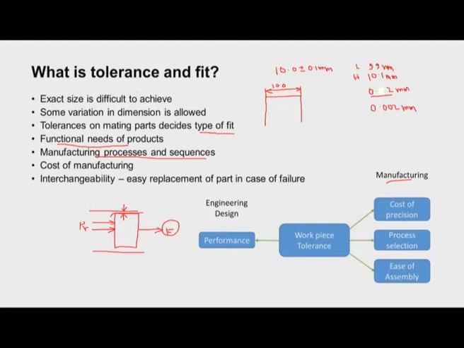And then if we provide the proper tolerance on the workpieces, we can have the interchangeability concept, and the replacement of the part becomes very easy, since the workpieces are available in the market which are produced using the system of fits and tolerances. So, in case the work parts fail, we can easily get them from the market and we can fit them, and the maintenance of the machine tools becomes very easy.